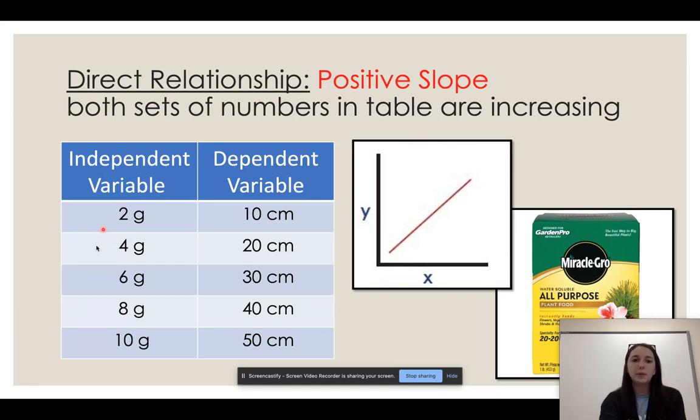So I'm going up by 2s. But while this is increasing, we can also see that the dependent is increasing. So the more fertilizer I'm adding allows for a bigger amount of height, a taller height in the plants. And this is seen in my graph because I have an increase in my graph, because I have a positive slope.